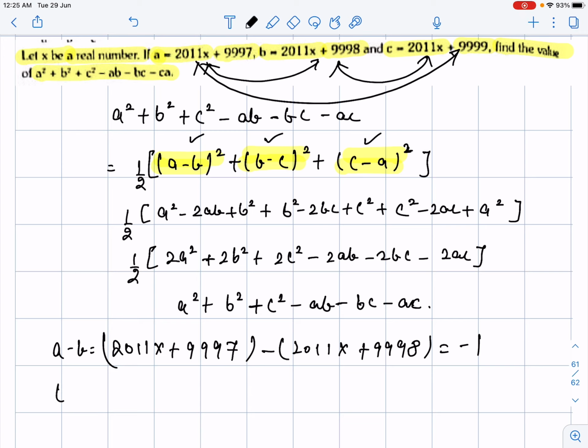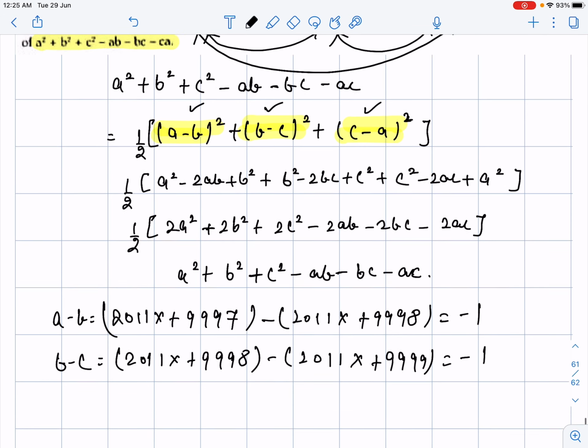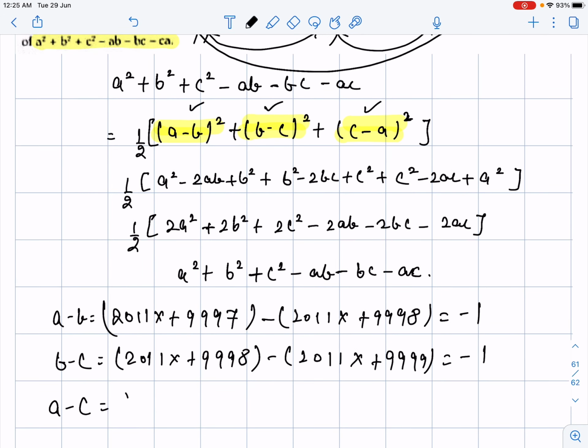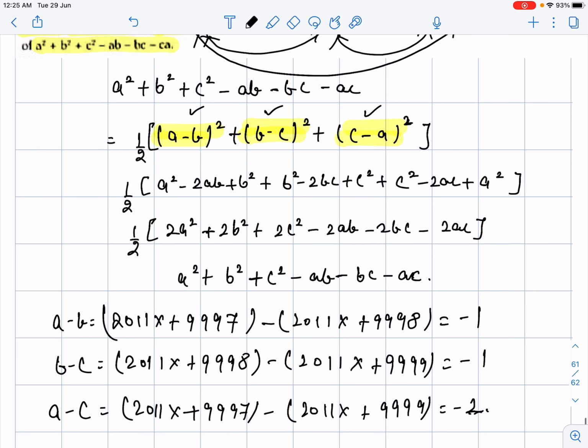Now b minus c will become 2011x plus 9998 minus (2011x plus 9999). So that will again become minus 1. Now a minus c will become 2011x plus 9997 minus (2011x plus 9999), which is equal to minus 2. Hope you guys have got my point.